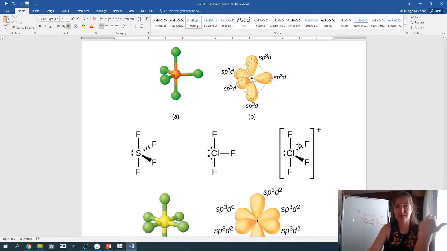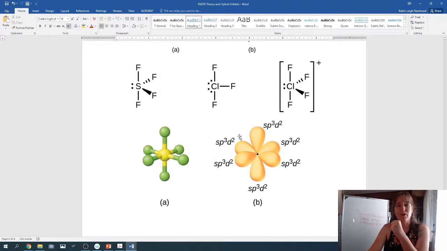That's 5 domains. Here this ion has 4 fluorines bonded to the chlorine and 1 lone pair, so that's 5 domains. Each of these would need hybridization on the center atom of sp3d. They can form the sp3d hybridization because for each of these atoms, the outermost energy level is energy level 3.